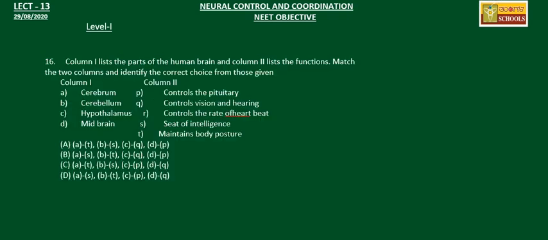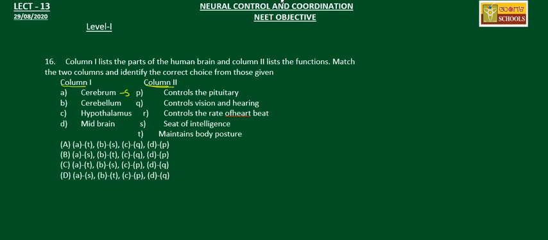So next question, match the following. Column 1 lists the parts of human brain, and column 2 has the functions of those parts of the human brain. Okay, let's see the cerebrum. So here cerebrum, as we have seen in the previous questions, is a seat of intelligence.